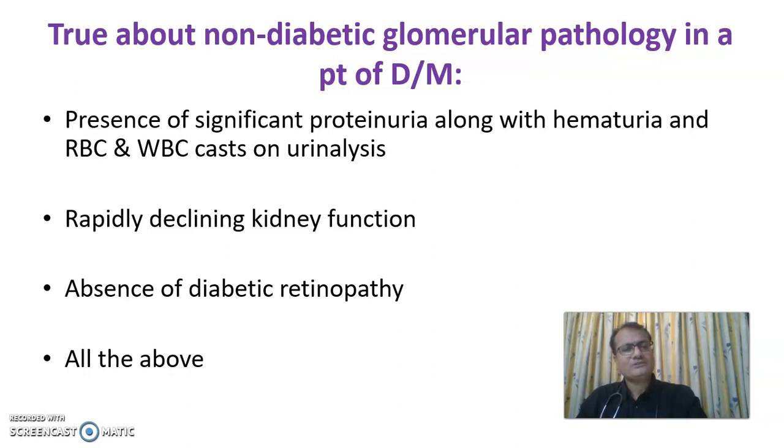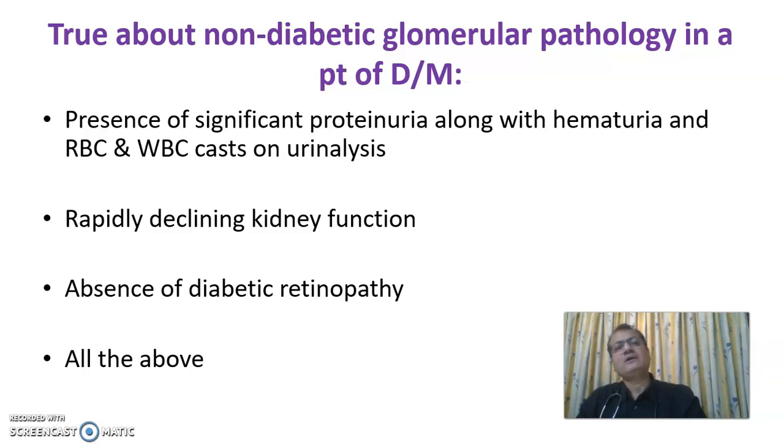Then option B writes rapidly declining kidney function. Diabetic nephropathy, as we have already talked about, is a long-standing issue. We have discussed already that end-stage renal disease happens to a diabetic nephropathy patient after many, many years.